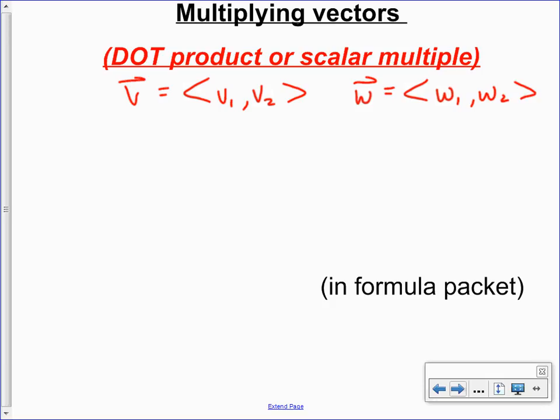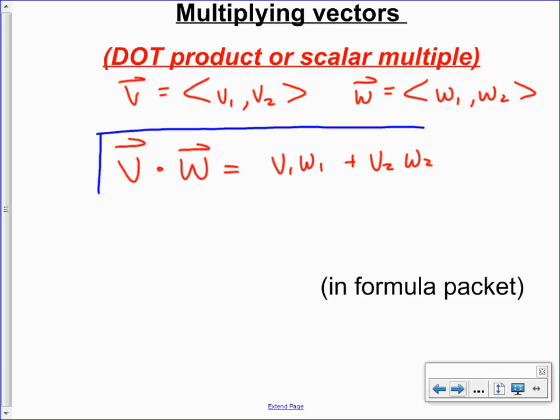To do the dot product, B dot W, don't say times, okay? The dot product, yeah? This is just B1 W1 plus B2 W2. You multiply the components and then add them together. The product is a scalar, right?